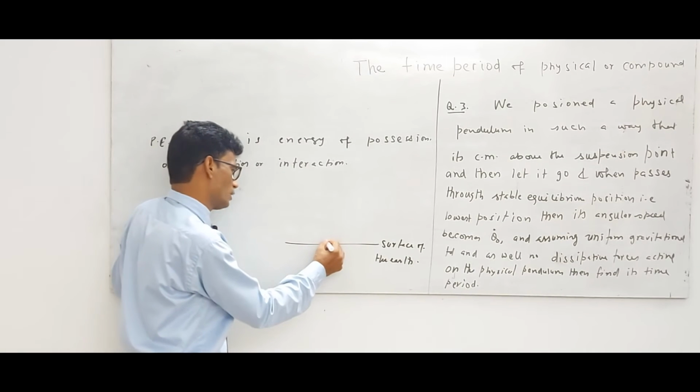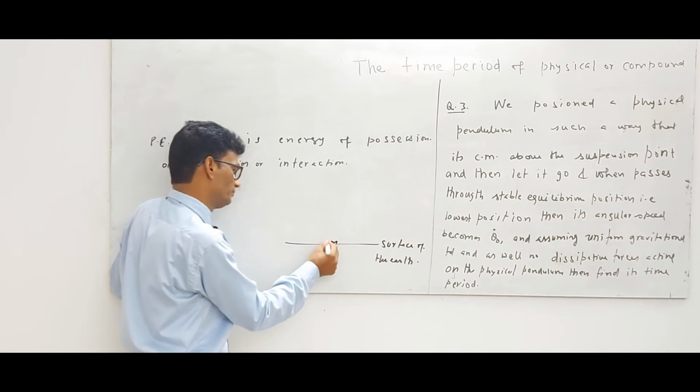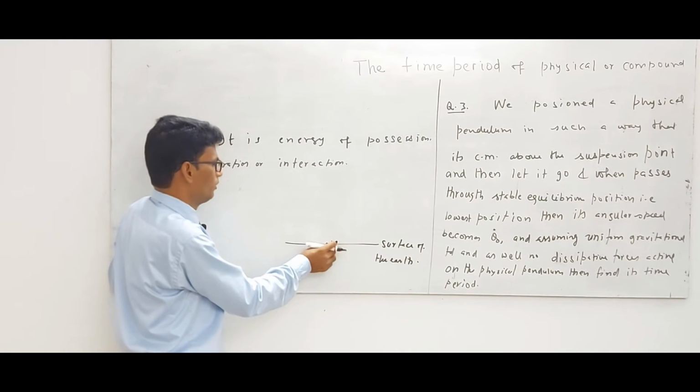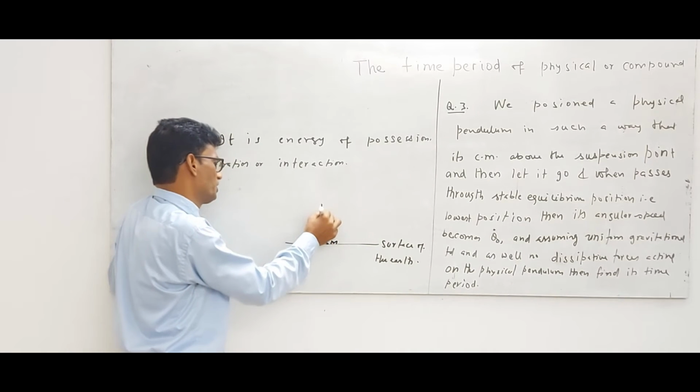So this small body of mass m is taken from this position very slowly up to the height h.